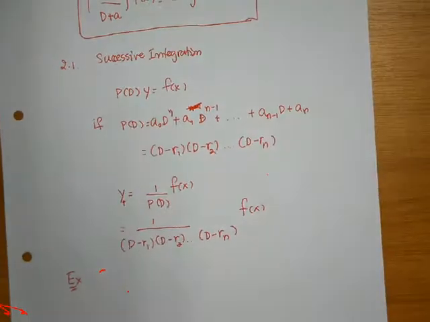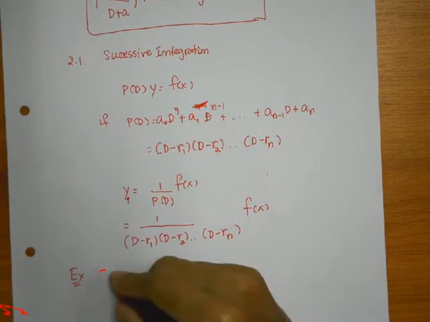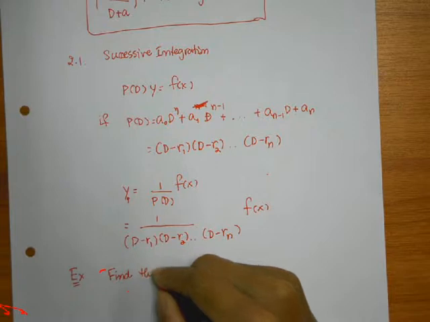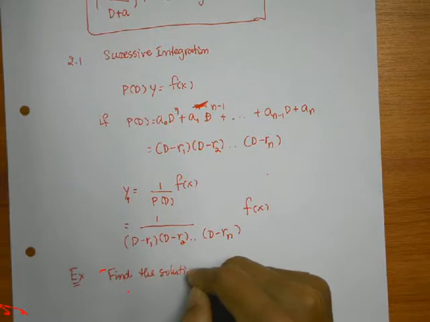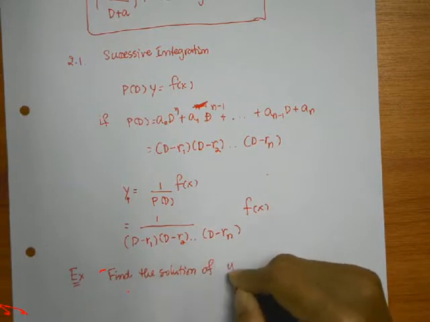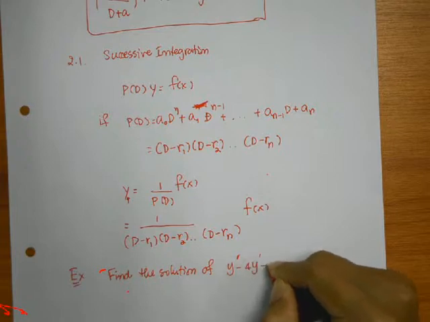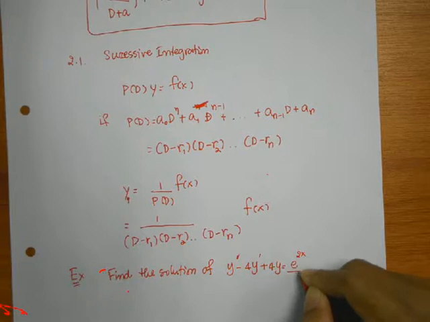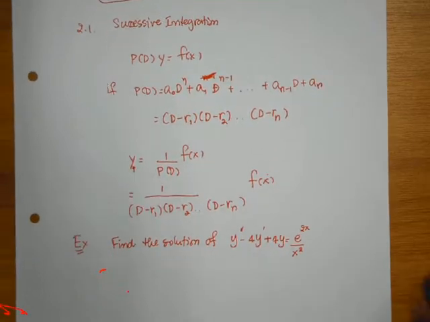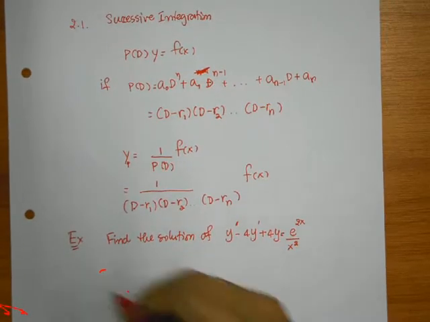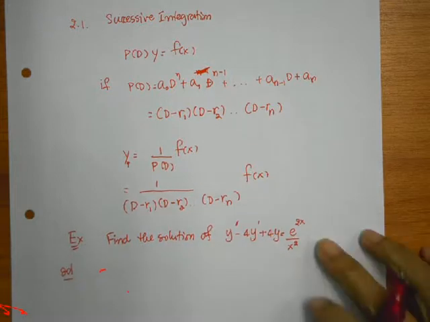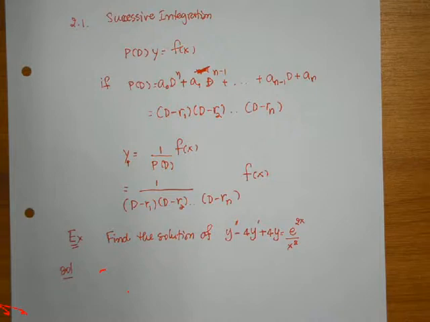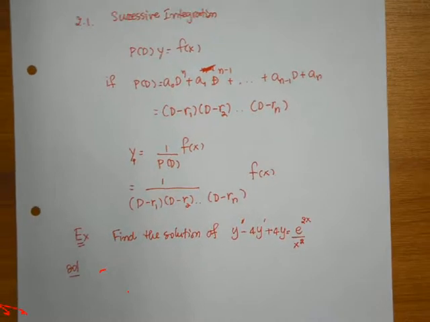For example, if we have the equation like this, we have f(x) is equal to e to the 2x divided by x squared.